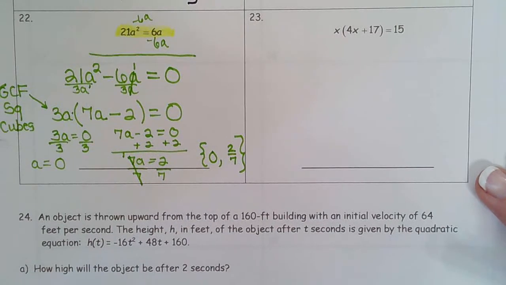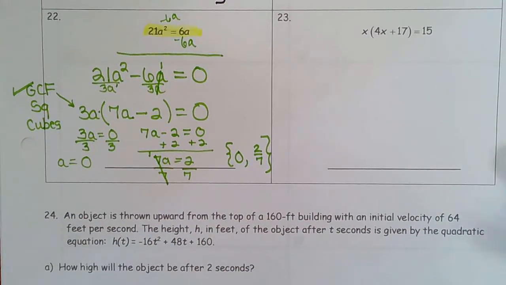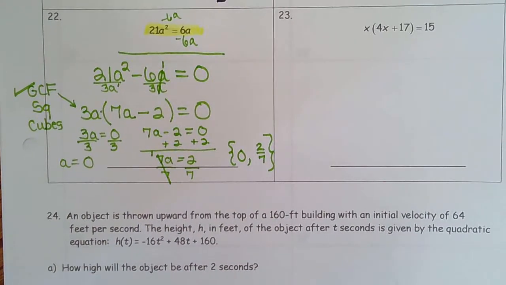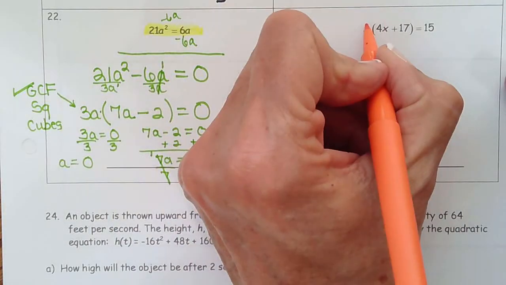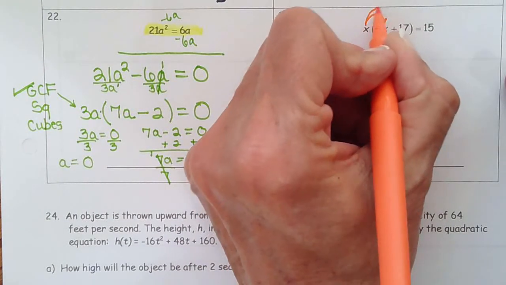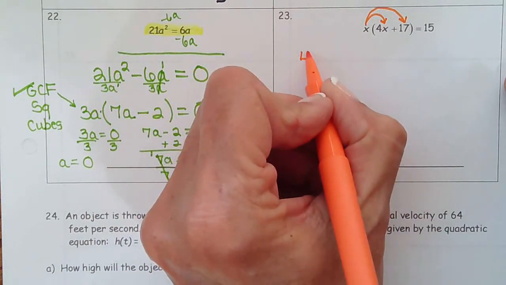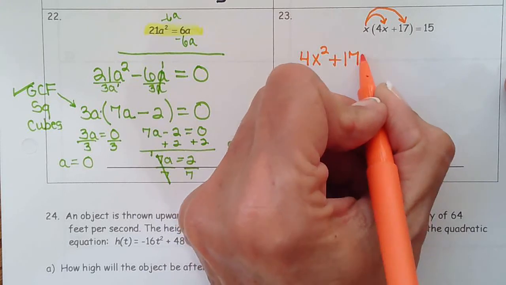23 is definitely the harder of the 4 problems. So it's not set equal to 0. It has parentheses. The leading coefficient's not 1. So there's all kinds of things wrong with it. So what we do first is we have to get rid of the parentheses because we can't subtract the 5 until the parentheses are gone. So we get 4x squared plus 17x.